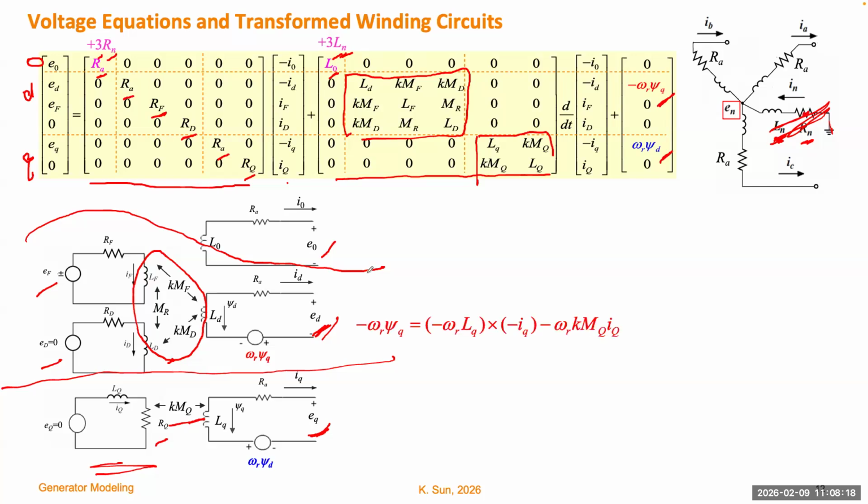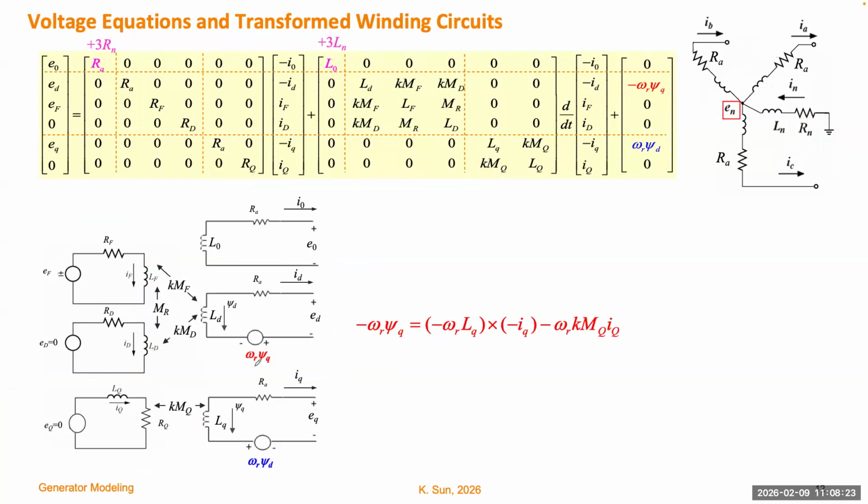Another thing we need to pay attention to is that we have a source added to each axis of the stator winding. That is because of the time derivative of P. The P is a transformation, which itself is state dependent.